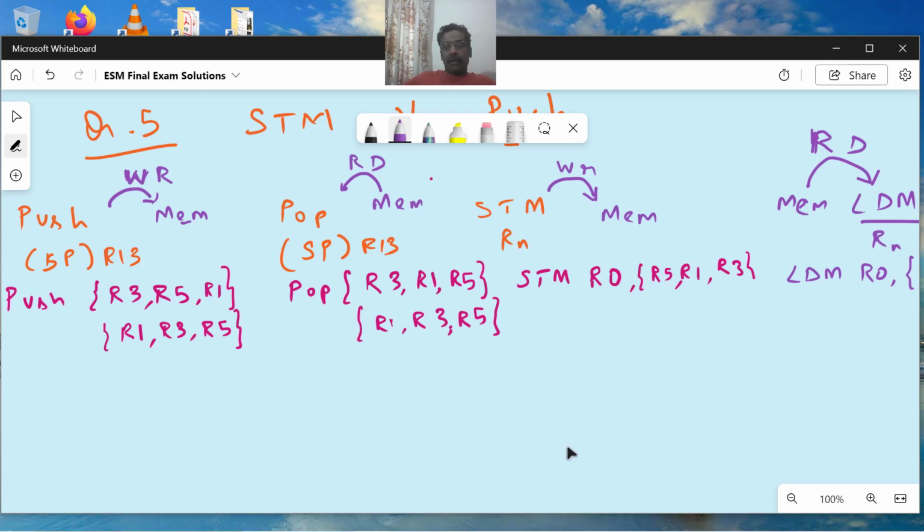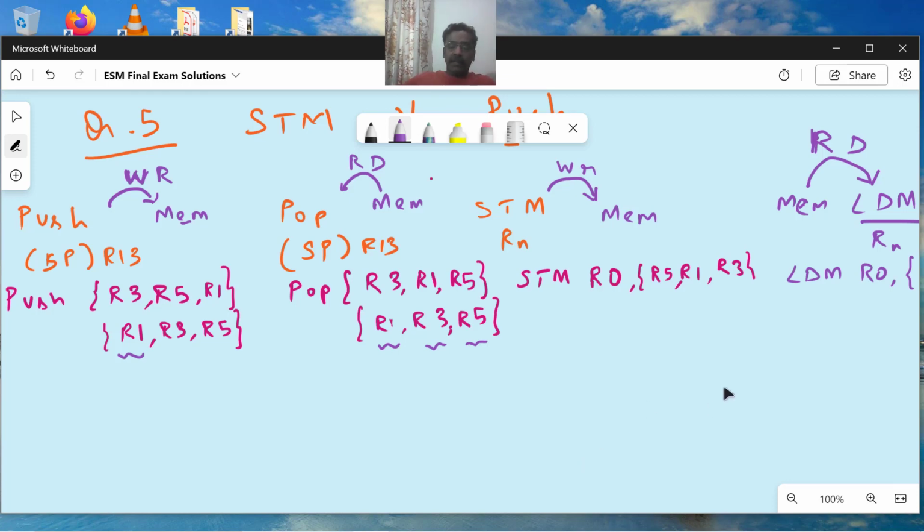Now all of them are in one way the same, in that they are all trying to store or read three registers here. When I say registers, it is implicit that they are all 4-byte values. Each one is going to store or restore 4 bytes of values from memory into a register, or from a register to memory.